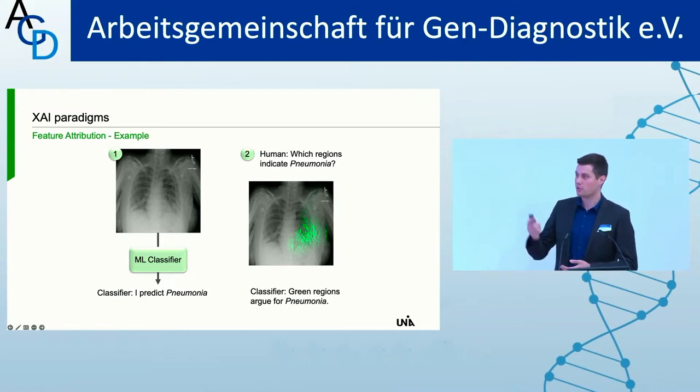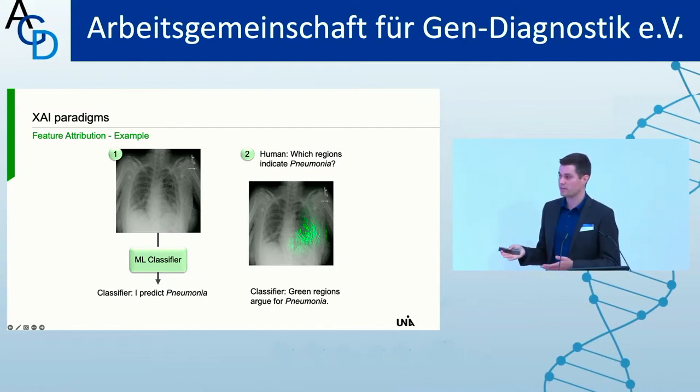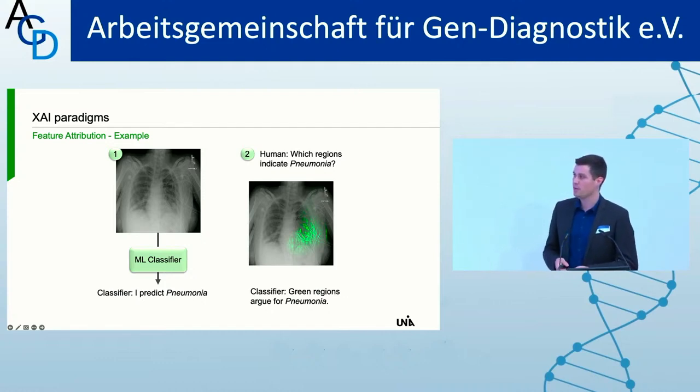So now we have the prediction, but how can we see why the ML classifier comes to this decision? Then we can use those feature attribution algorithms to run on this image and the classification, and it would highlight the green area. So the greener the pixels become, the more relevant they are for the decision making.